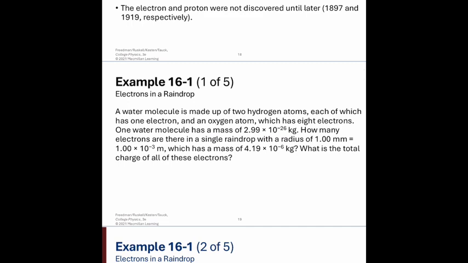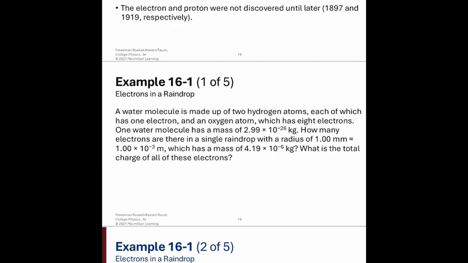So let's get a little quantitative here, and let's bring back an exercise, okay? We're going to bring back working with units, and we're going to work with some units you're familiar with, like mass.